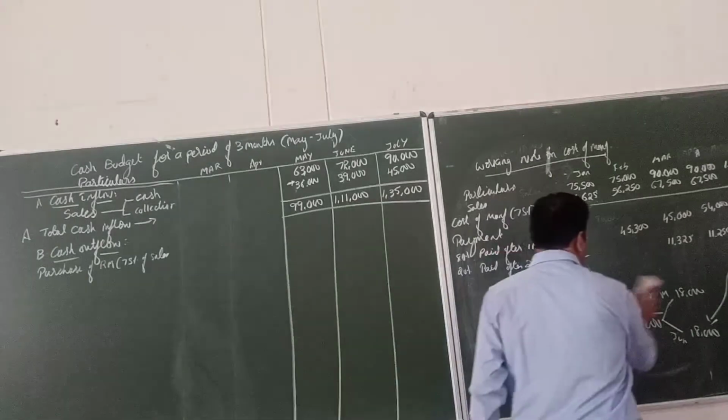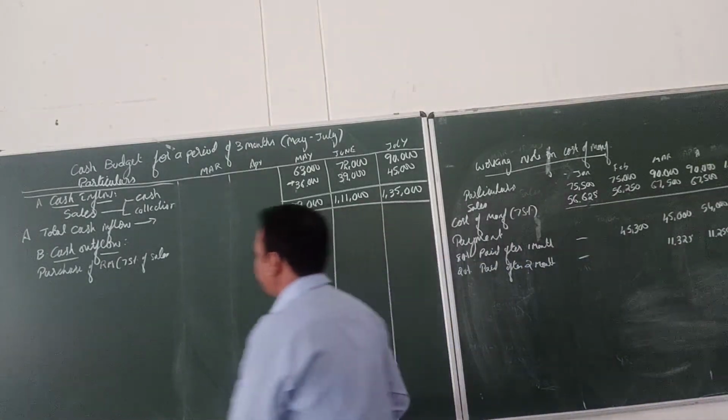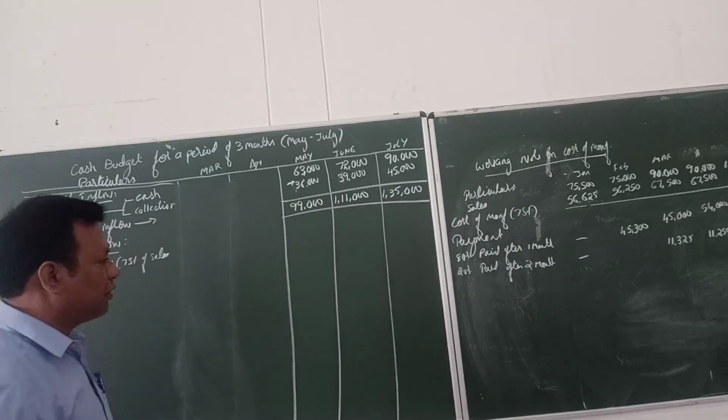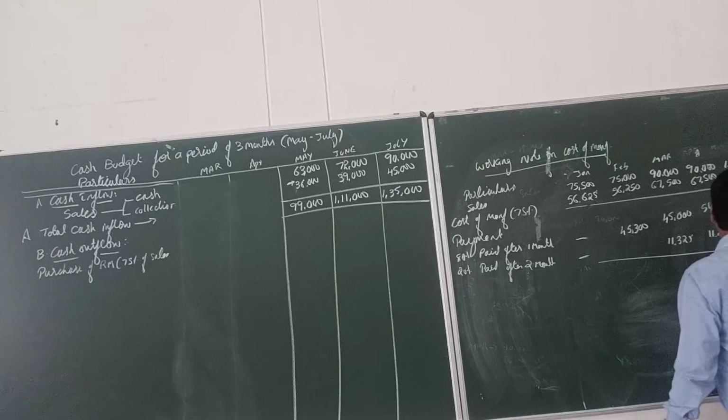So just to avoid continuous addition again. Okay, now we'll add it. Now we'll write the purchase of raw material. First we'll total it. We'll total only 3.